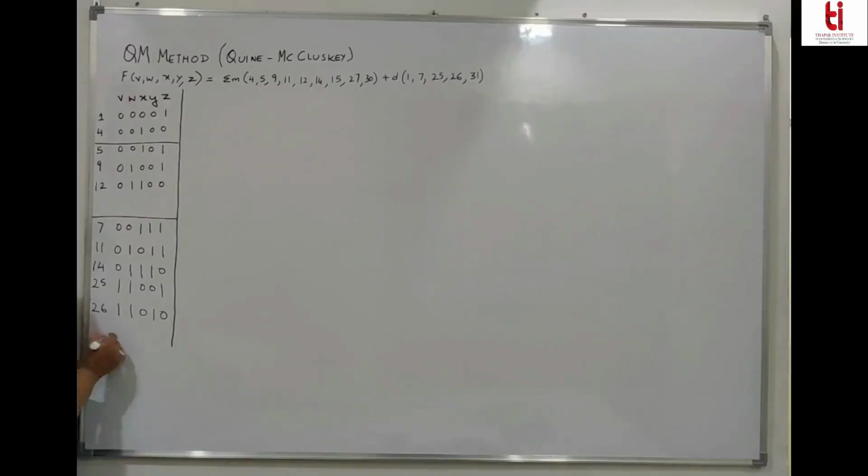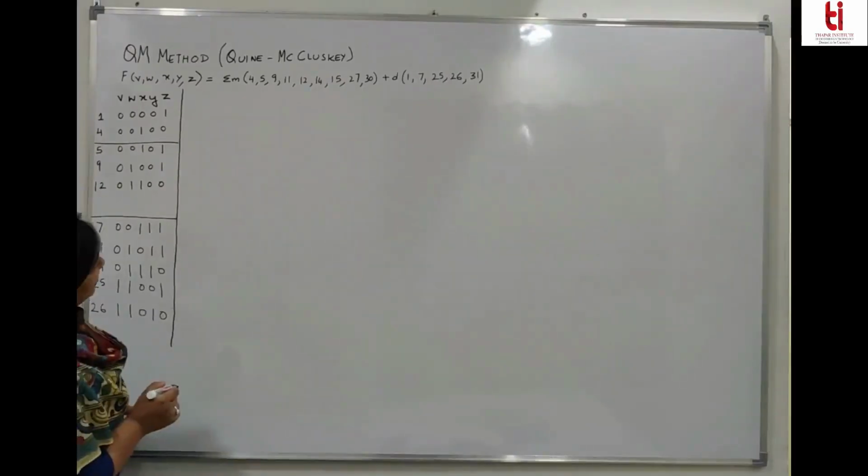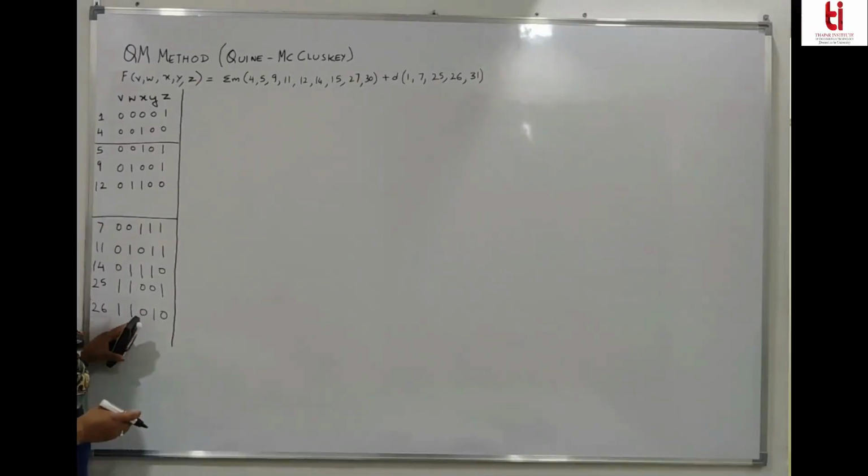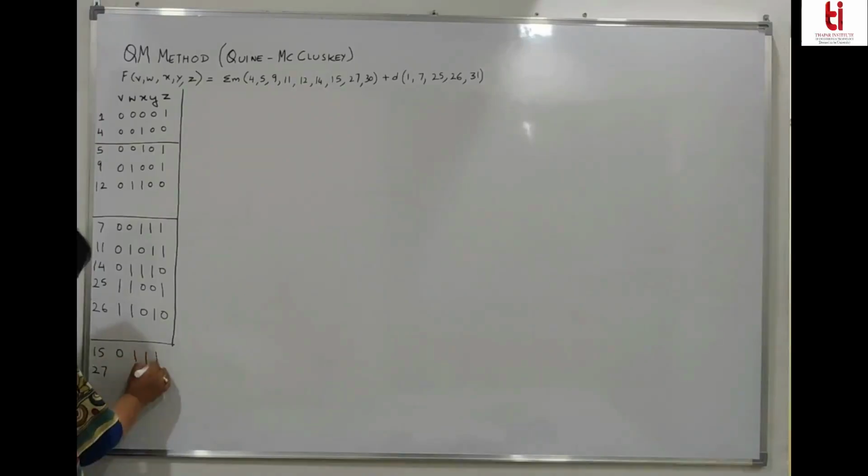Okay. 15 is still left, so let's write it. Then 27. What is 27? 16 plus 8 is 24, plus 2 is 26, plus 1 is 27. So 15 here and 27 here.